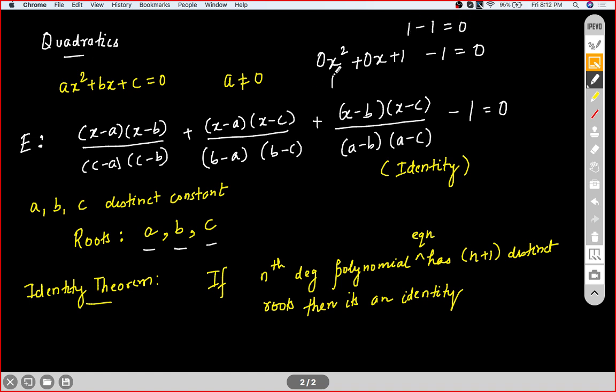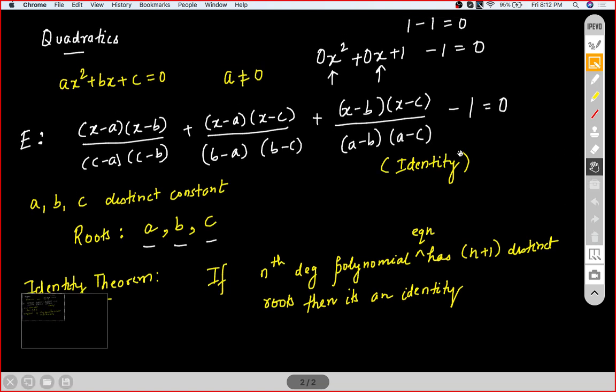Irrespective of whatever x you feed here, it is not going to matter, because it's going to be 0 into that, 1 minus 1 equal to 0. So always it will be true. A, B, C, whatever number you want to put, X, Y, Z, everything will work in this case. It's an identity. I actually camouflaged it in such a way that you were not able to identify that it was actually this expression.